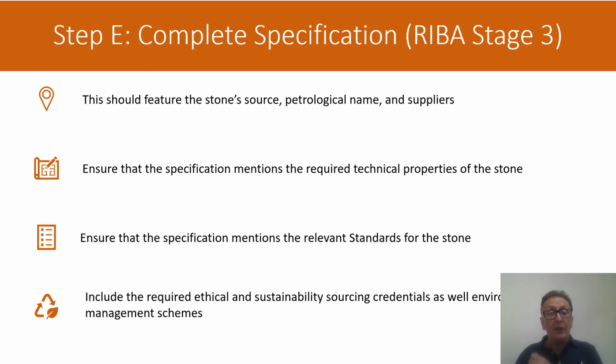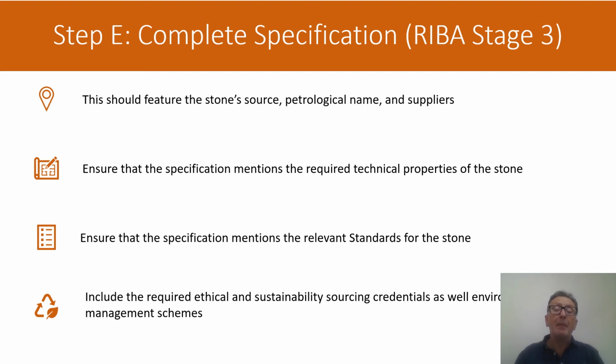It's important that the specification actually mentions the required technical properties of the stone itself, and that these are clearly established. You should make certain that the specification clearly mentions the relevant standards for the application of the stone that you intend to use.